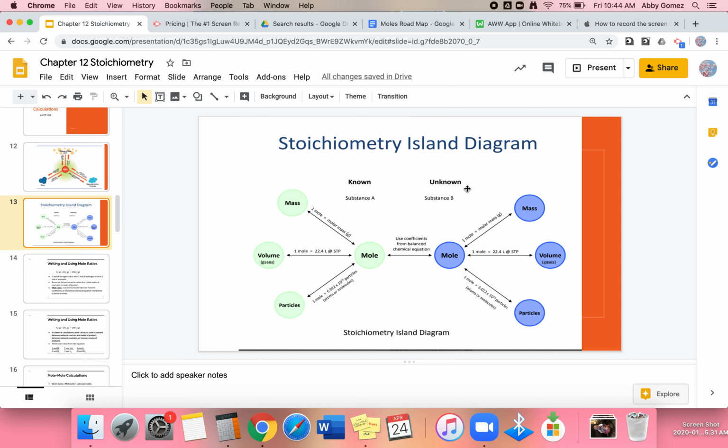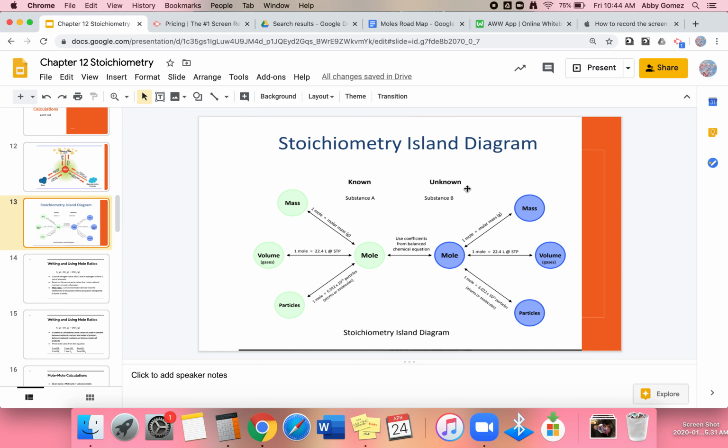A lot of you were just guessing if you increased one, you would increase the other. You could have calculated exactly the number of grams or the number of moles or however you wanted to put it. You could have known exactly how much product you were going to get out.